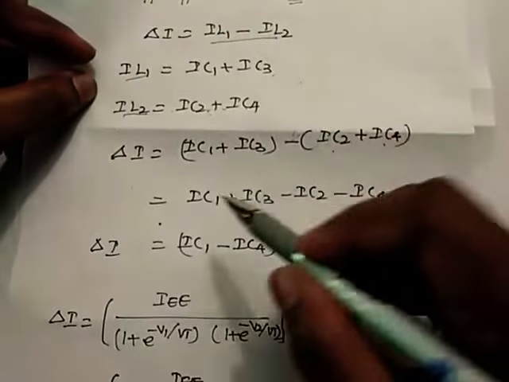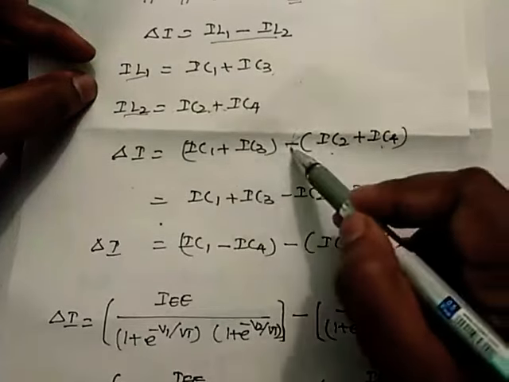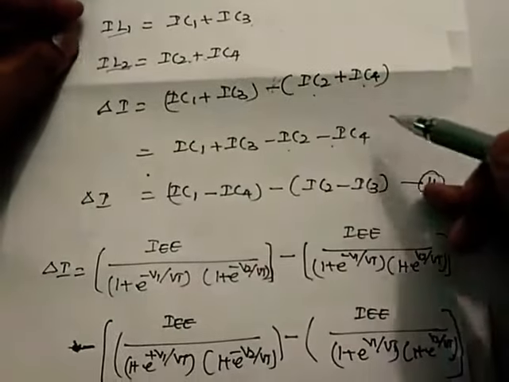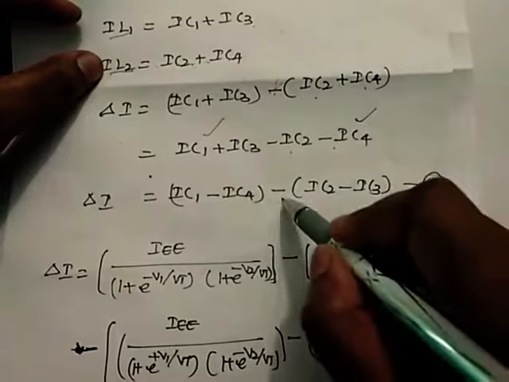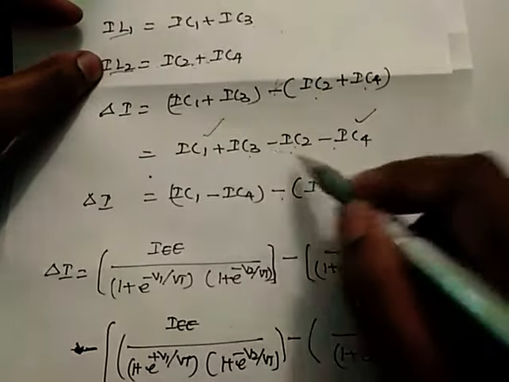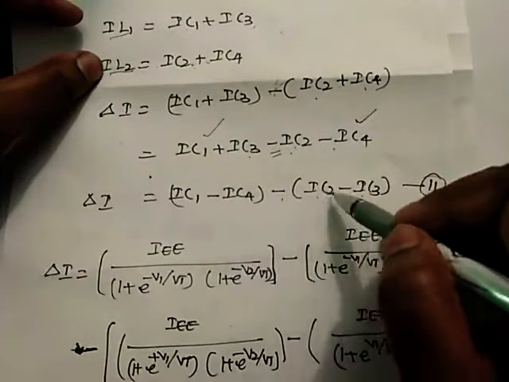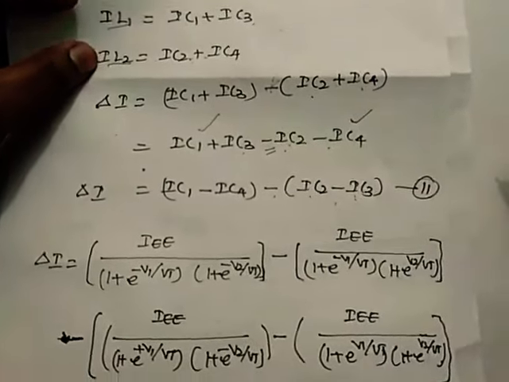Now multiply the minus inside: IC1 plus IC3 minus IC2 minus IC4. Now I am going to write this in this form: (IC1 minus IC4) minus (IC2 minus IC3). Here I took the negative outside, that's why I am getting IC2 minus IC3. Take this as equation number 11.